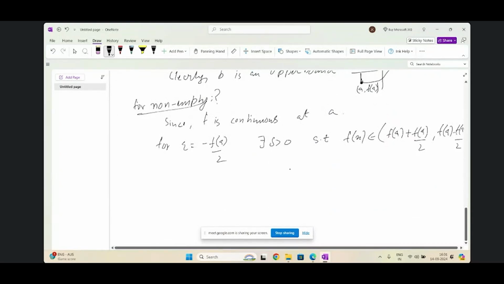Then we have f(x) belongs to (3f(a) by 2, f(a) by 2) for all x belongs to [a, a plus delta). Okay.